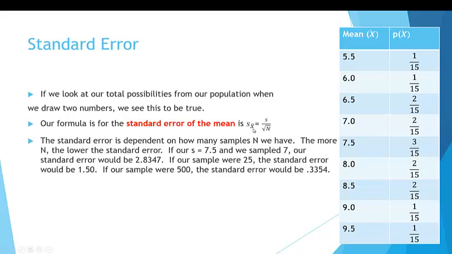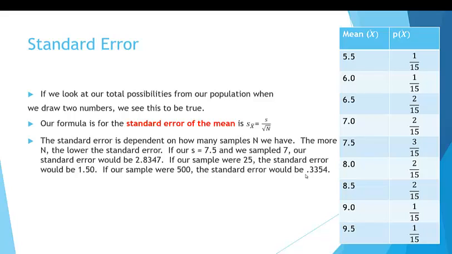Our standard error is 2.8347. If our sample were 25, so 7.5 divided by the square root of 25, or 5, the standard error drops to 1.5. If our sample were 500, 7.5 divided by the square root of 500, then our standard error drops all the way down to 0.3354.